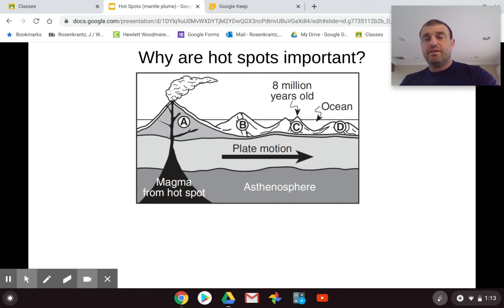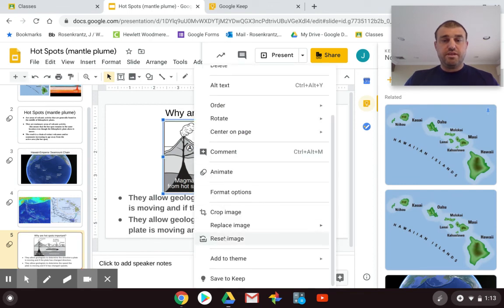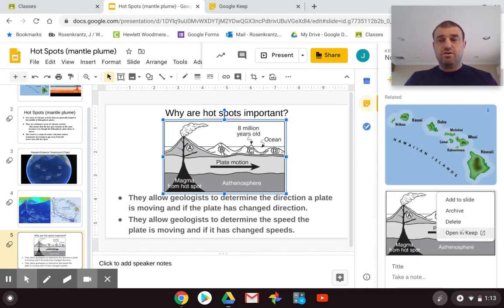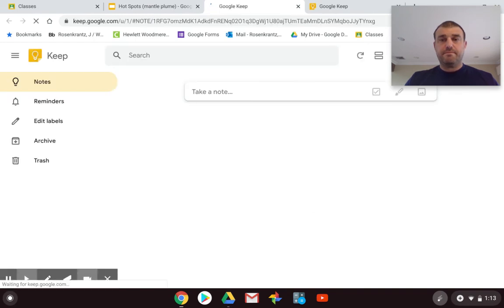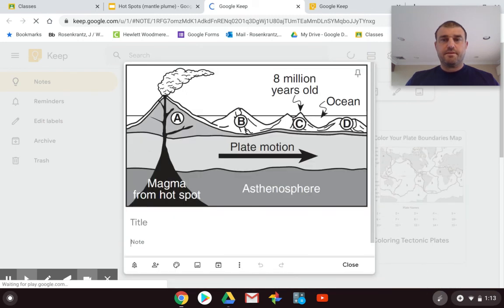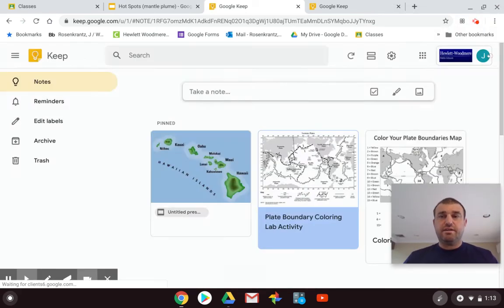I can't write on this slide right now, but you can write on it. Once again, if you wanted to, bring it up into Google Keep, save to Keep, click on it, go to the bullets, open in Keep. Click on it one more time, move me out of the way, and then you can go to edit with that little pen.